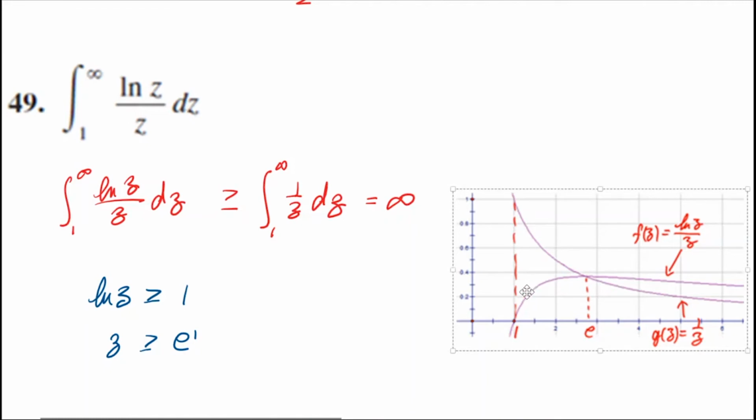Below e, it is clearly underneath that, because ln z less than 1 is negative, so we cannot say this inequality is true. And it starts becoming greater than 1 over z at e, as you can see here.